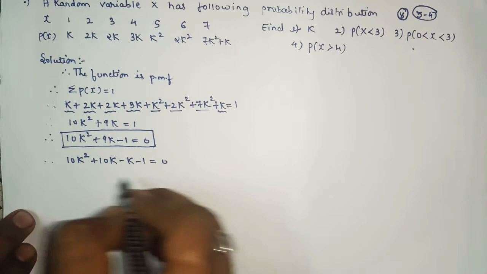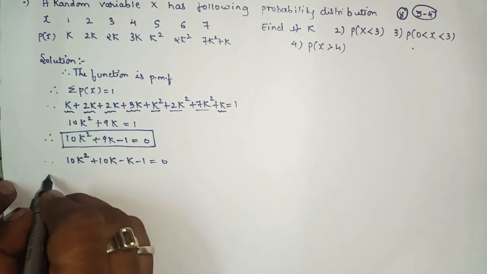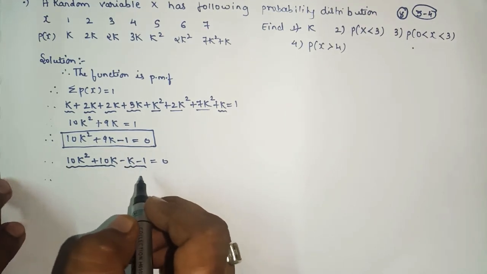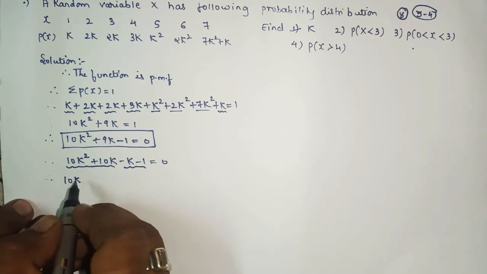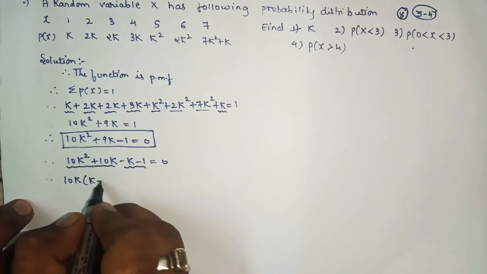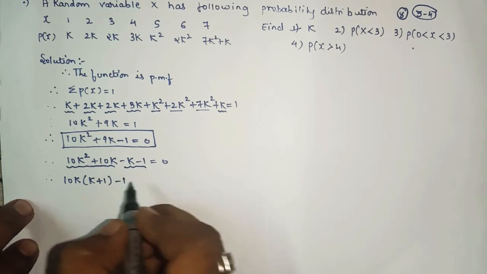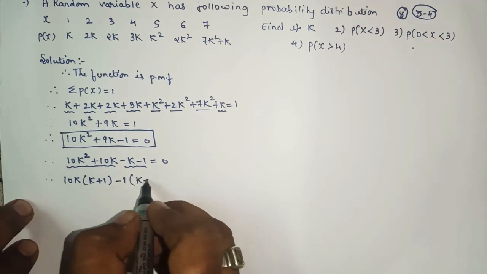I hope you all might be knowing how to solve a quadratic equation. After this, you will get a common factor. So here we are getting what? 10k. Inside the bracket you will get k plus 1. Here nothing is there, so we'll write 1 as common. So inside the bracket you will get the same part, k plus 1 only.